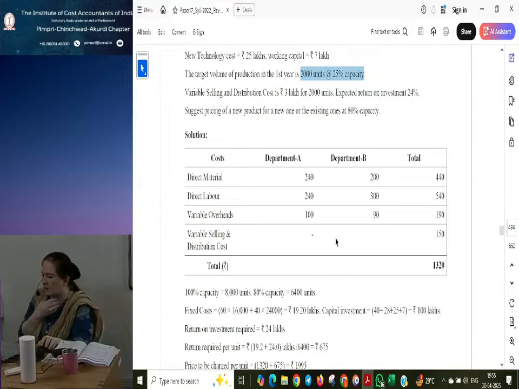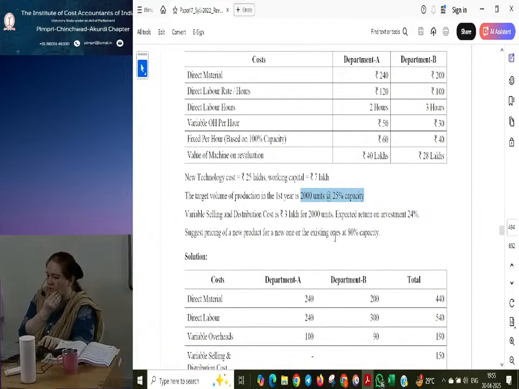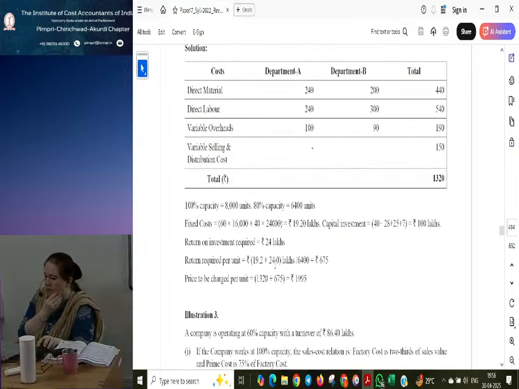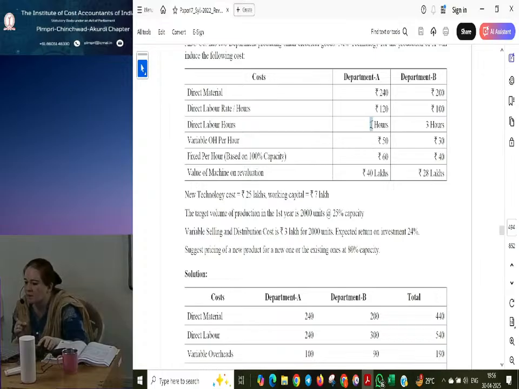How did they calculate this 16,000 and 24,000? Expected return is what we calculated, 24 lakhs. But coming to fixed cost, it is 8,000 units, so 8,000 into 2 is 16,000 and 8,000 into 3 is 24,000.